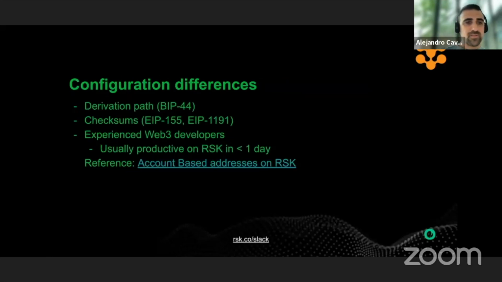Some configuration differences, for example, the derivation path. Rootstock is different from Ethereum and other blockchains. The checksum, we have a different casing in the address. This is something that sometimes is a friction. For example, if we think about using MetaMask, it would probably complain because it is only checking the Ethereum checksum and not Rootstock's.